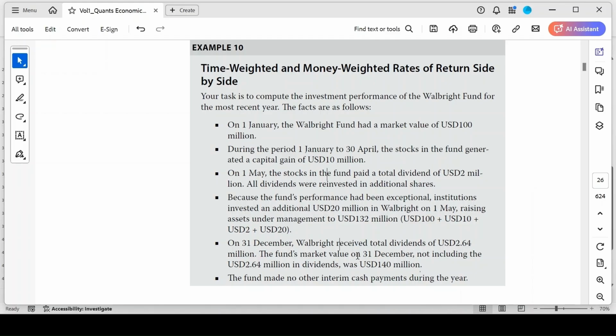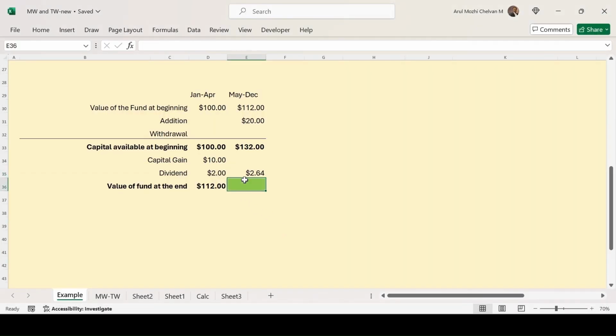The fund market value on 31st December, not including the 2.64 million in dividend, was 140 million. It means the total fund value will be 142.64. So the capital gain will be 8 million. Total addition is 10.64. So the total fund value will be 142.64.